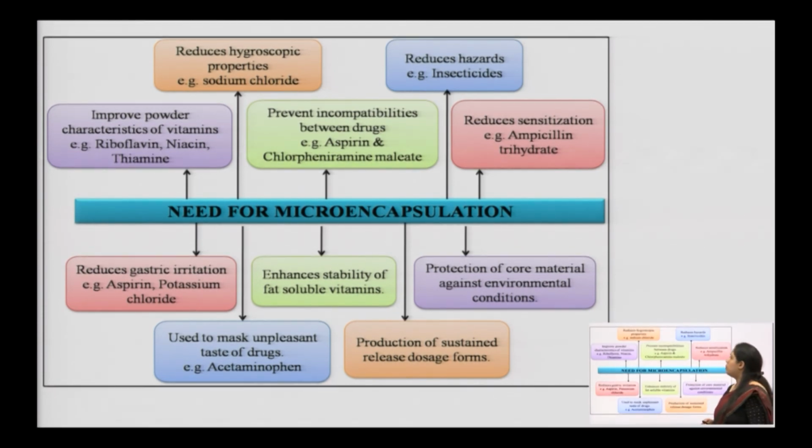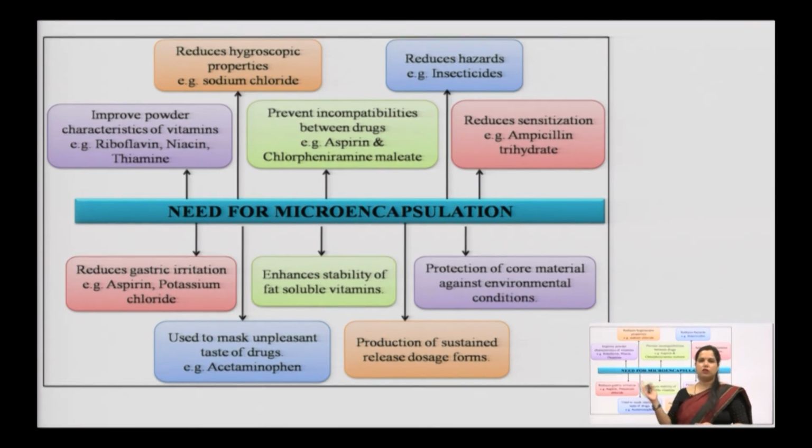Reduce hygroscopic properties, like sodium chloride. Sodium chloride is hygroscopic in nature, and if moisture is present in the environment, it may liquefy. So, to prevent this hygroscopic nature, we can encapsulate sodium chloride within the polymer coating. Then reduce hazards, like insecticides, by avoiding direct contact.